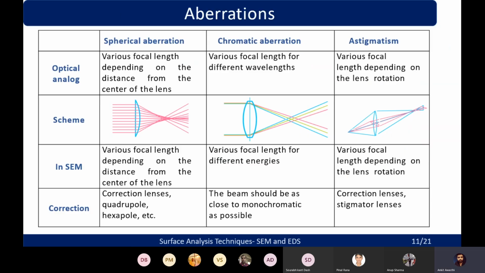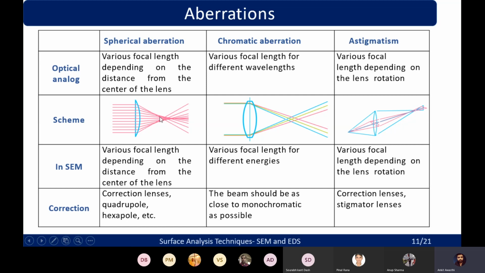After getting the idea about the main parameters, these are some aberrations present during the SEM analysis. Most of these we have already seen in the laser course which Deepak sir taught us. There is the presence of spherical aberration. It means there is a variation in the focal length depending on the distance from the center.